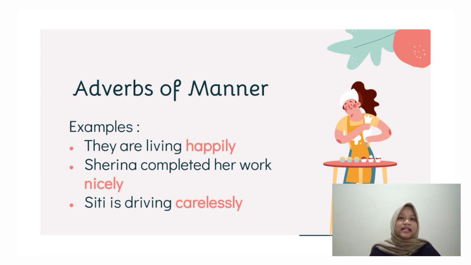The words are like angrily, happily, easily, sadly, rudely, loudly, fluently, greedily, and others. The first example is, they are living happily. And of course, the adverb of manner here is happily.